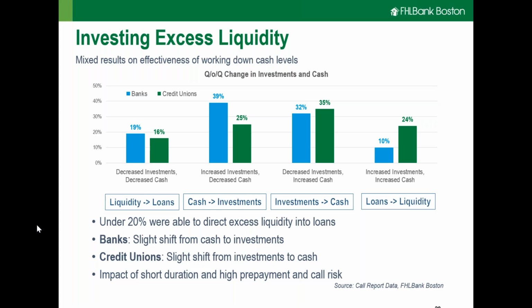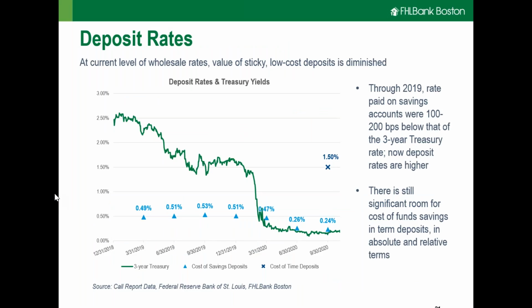So moving from the asset side of the balance sheet over to the deposit side, the thing that jumps out is that the spread between deposit costs and wholesale rates has not only shrunk, it's completely gone away. As everybody here knows, the value in the banking business model is the low cost, sticky funding that deposits, non-maturity deposits, can produce.